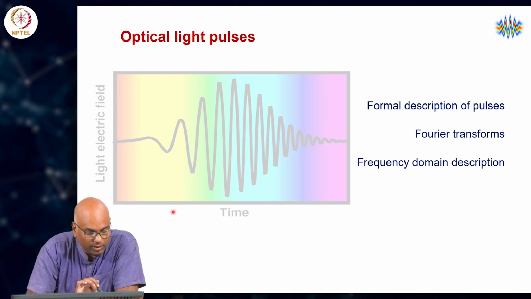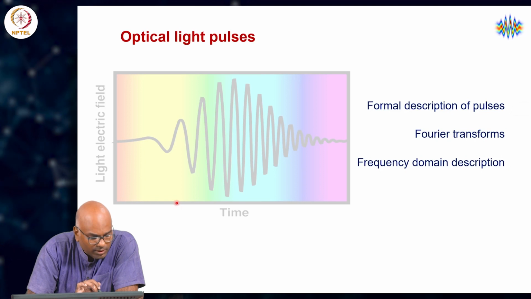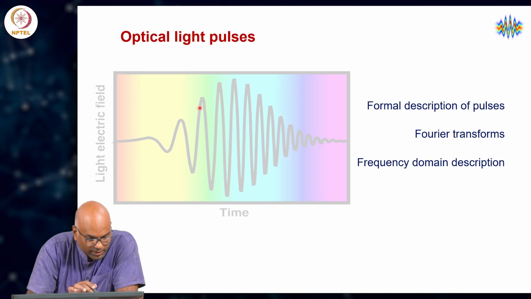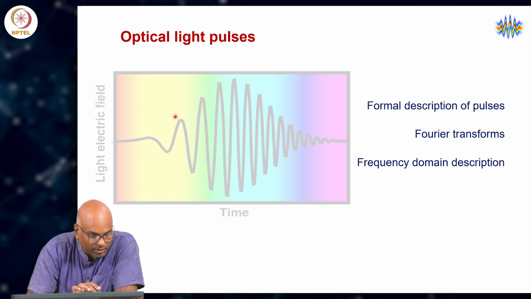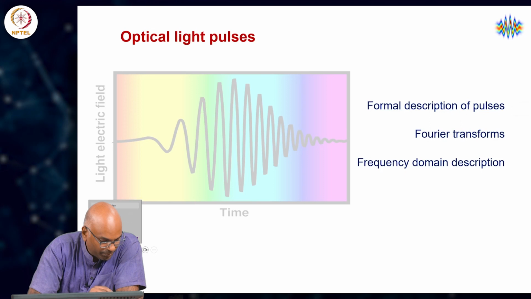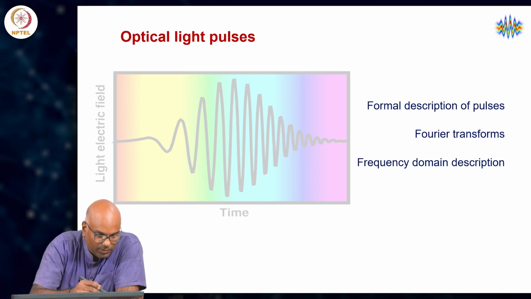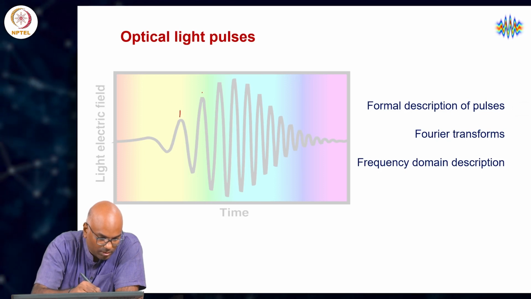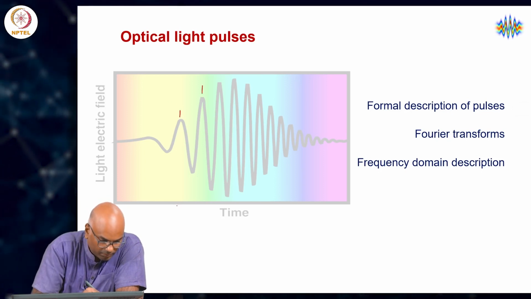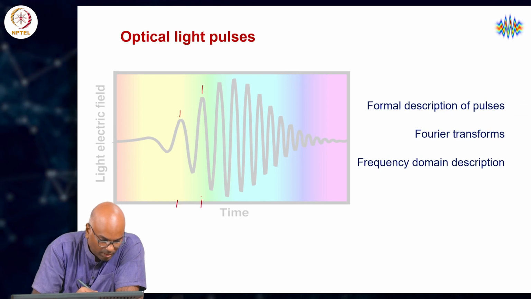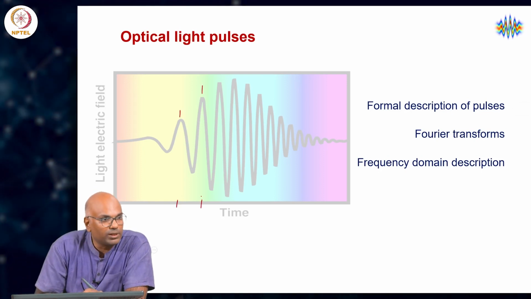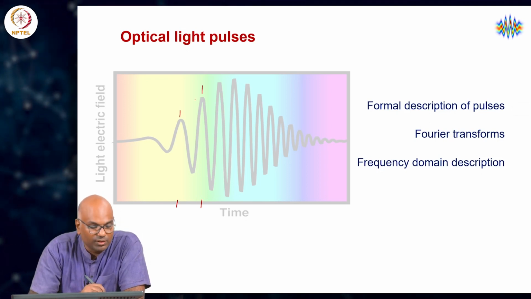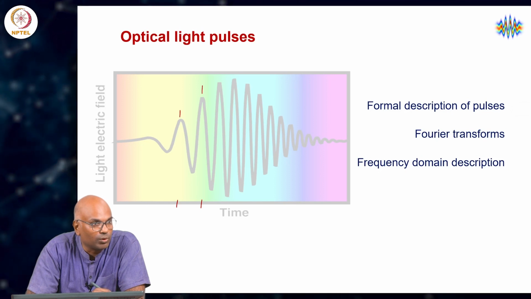So, how much has the phase varied as I go from 0 to, let us say, this was 3 femtoseconds, the initial delta t? How much has the phase rolled over by?